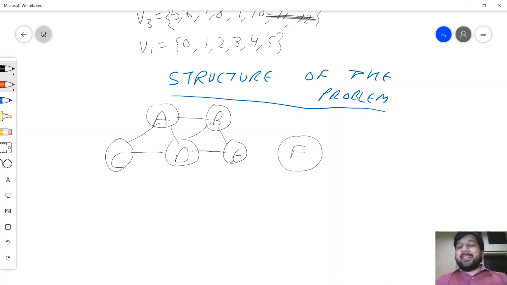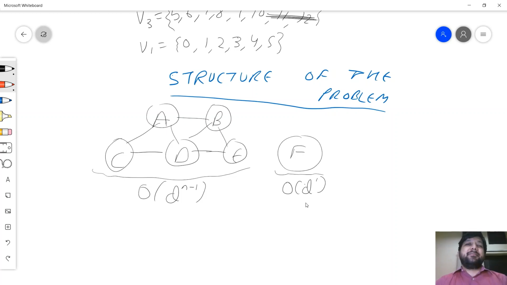So I could solve this independently and this independently, and just merge the two solutions up. It doesn't matter what the solutions are. Nothing over here puts a constraint over here, and nothing over here puts a constraint over here. So instead of d raised to power n, I have d raised to power n minus 1 over here, and this is just d raised to power 1.